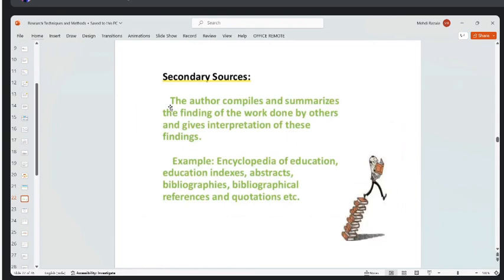Secondary sources are where authors compile and summarize the findings of the work done by others and give an interpretation of these findings. So this is like a secondary research where the author compiles and summarizes the findings of the work done. See, the work of compiling is also research. Many people don't do this also.